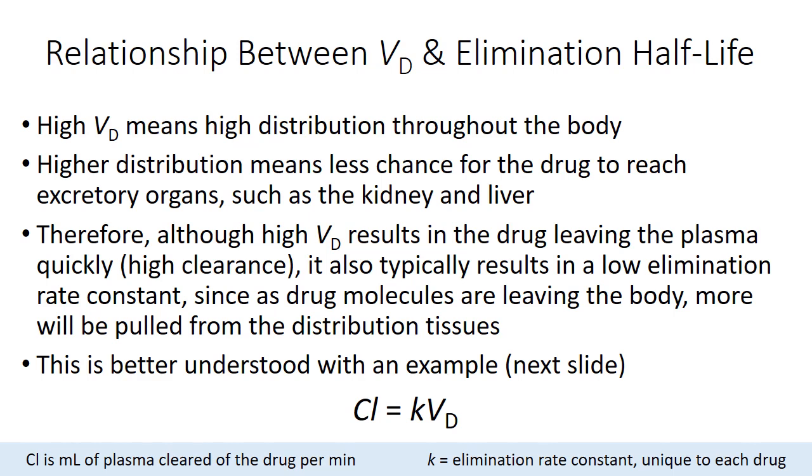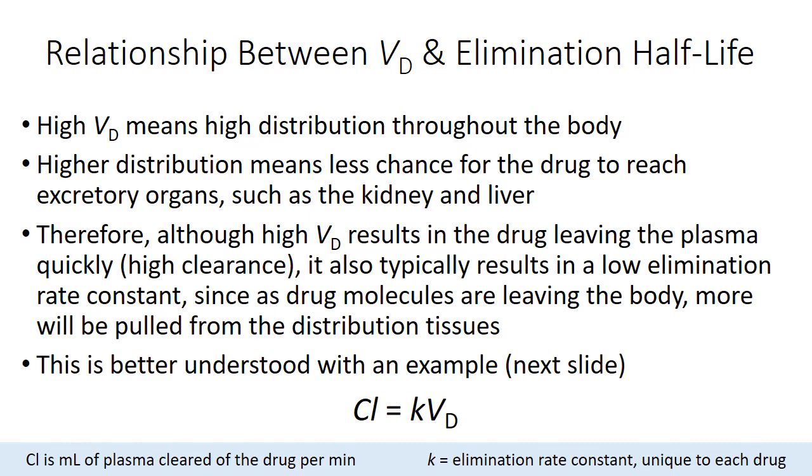Whether a drug is going into the tissues or getting out of the body, in both cases it's leaving the plasma, and that would raise the clearance if either of those values is higher. But usually when VD is high, that will drop the elimination rate, or K. Those are interrelated.